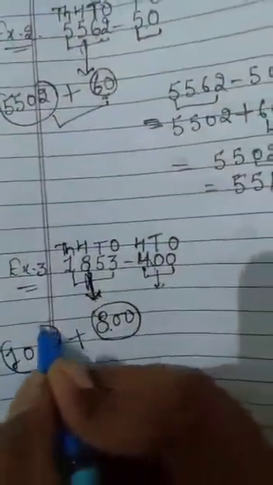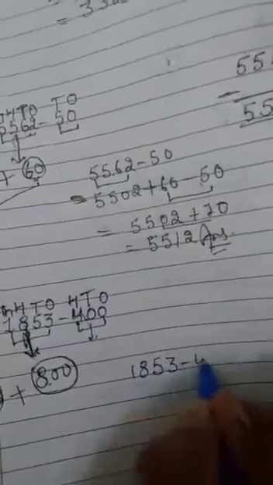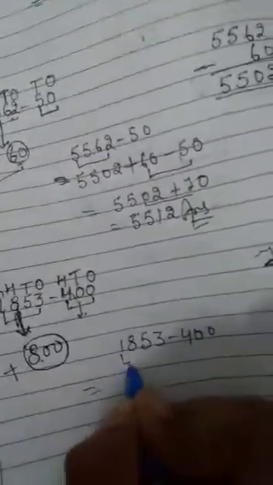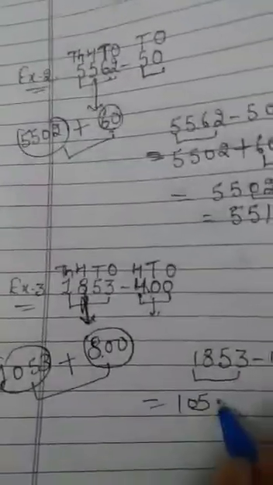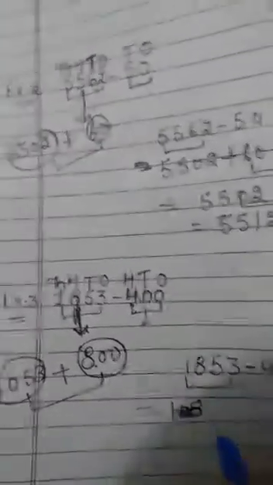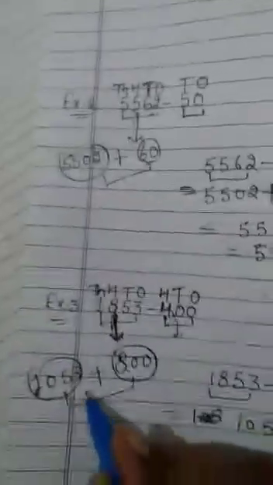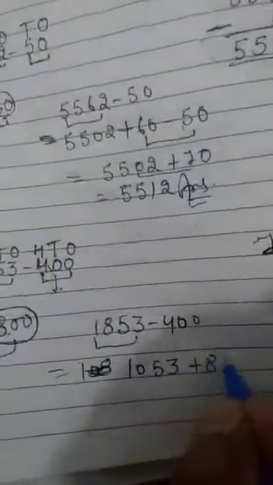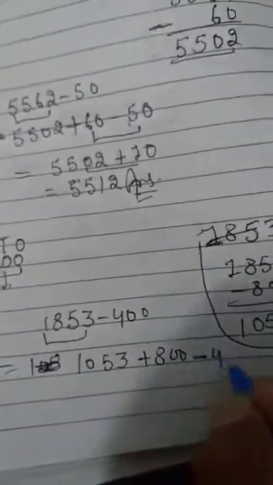That way our two numbers came. Now we follow the same process again, write the same statement. The breaking part is 1053 plus 800 minus 400.